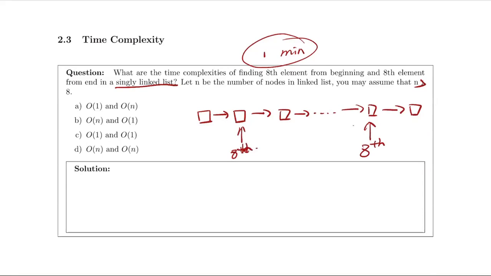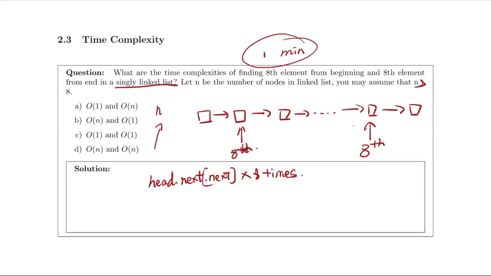To get the 8th from the beginning, it's easy. I start from the head, and then go to head dot next, 8 times, right?